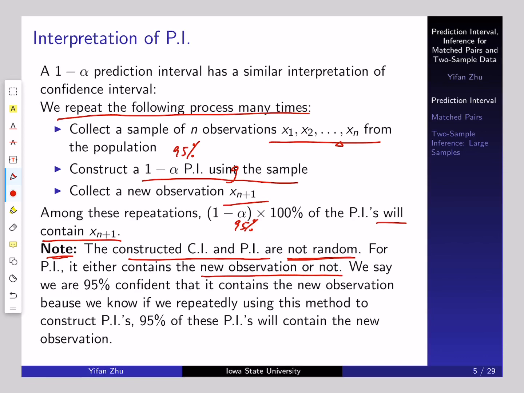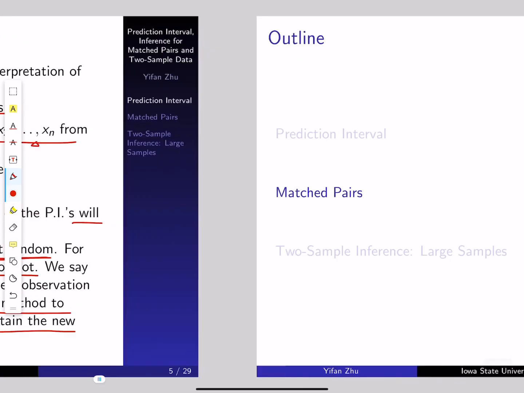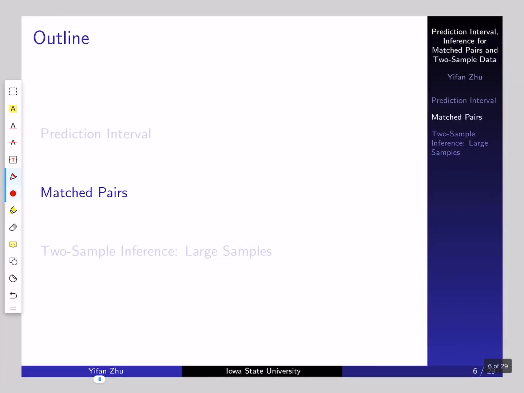The reason we say we are 95% confident is that if we repeatedly use this method, 95% of these prediction intervals will contain the new observation. But for a single prediction interval, since we don't know whether it contains the new observation or not, we just say that we are 95% confident that it does. That is for the prediction interval.